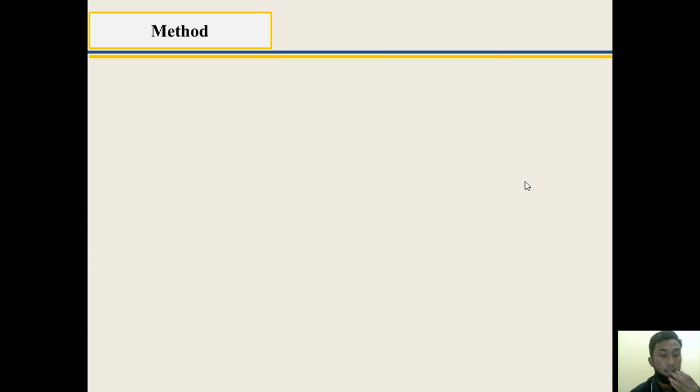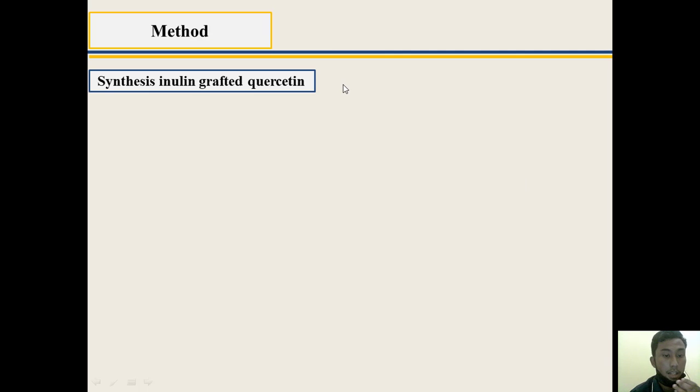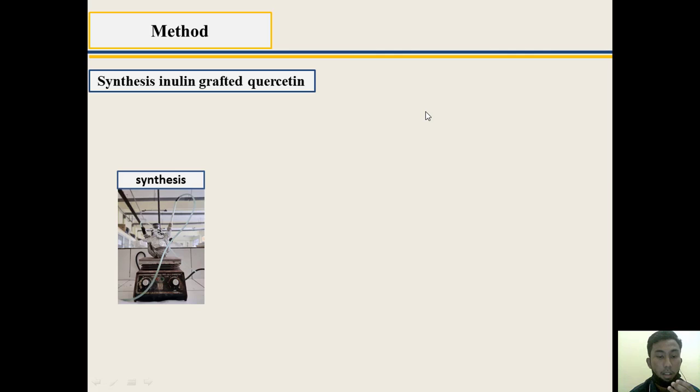Next, methods. Synthesis of quercetin grafted inulin. Briefly, 0.25 gram of inulin was dissolved in 25 milliliters of distilled water in the reactor.